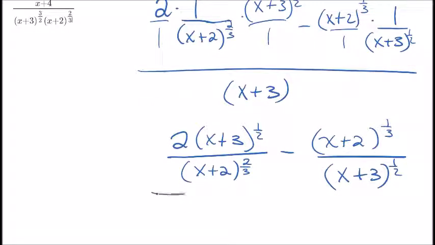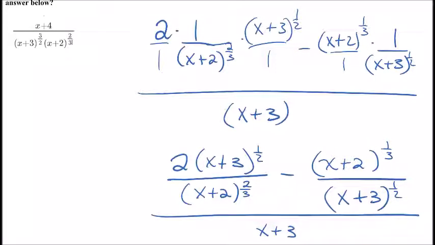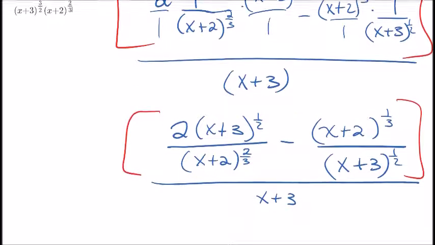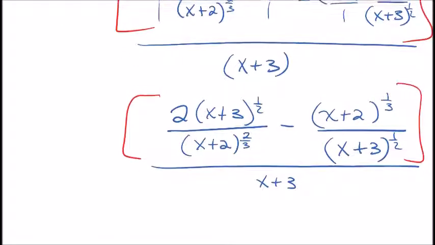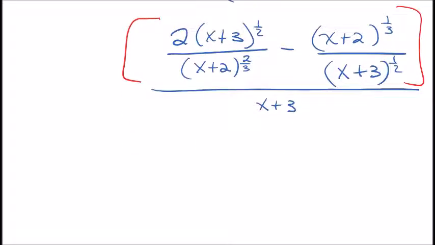And then again, all of that is over x plus 3. So all I did was simplify the numerator part, down into this. That's all I did.